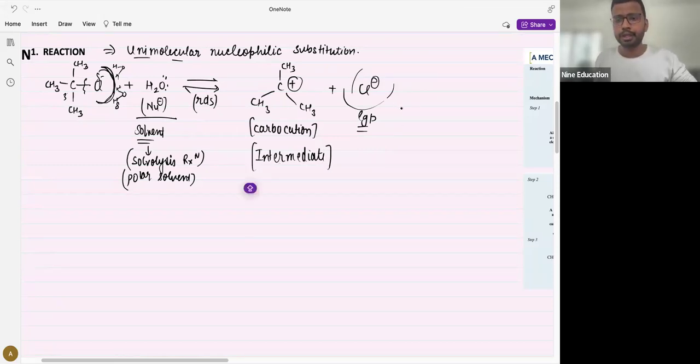देखें, अब ये कार्बोकैटायन यहाँ पर इंटरमीडिएट है and in the reaction we have water and chlorine minus. So now again chlorine can't attack on carbocation because it is negative and it is surrounded by water molecules, heavily solvated.